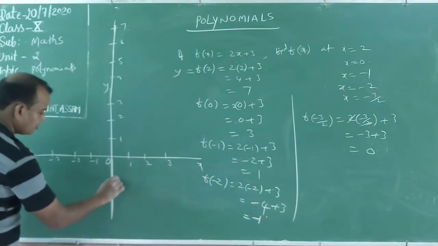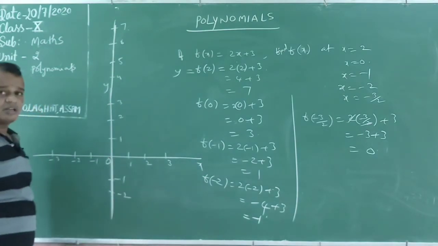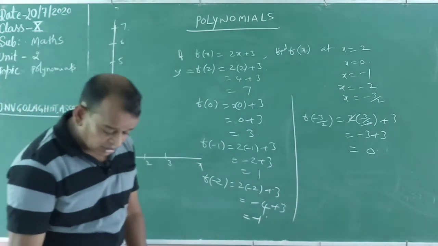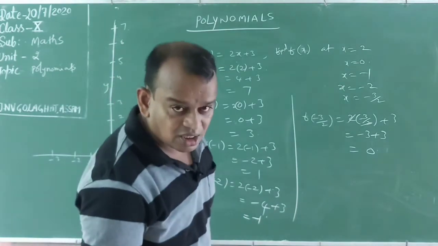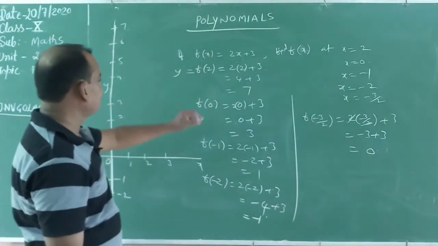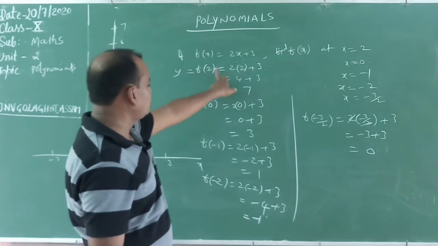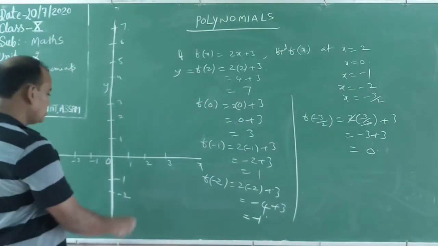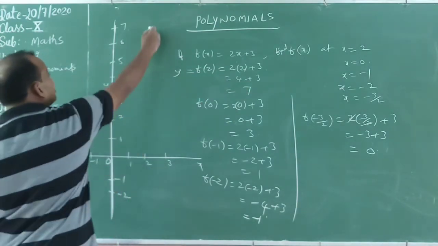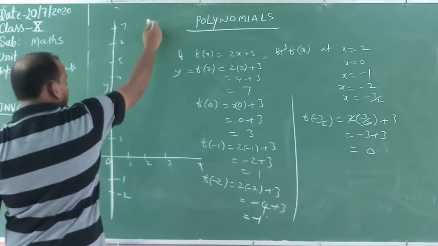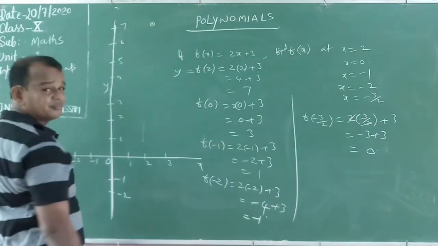This side minus 1, minus 2. You know very well about graph plotting. Already we have discussed it in class 9. Now first, what is the x value? 2. X value 2, y value 7. Where is this one? X value 2, y value 7. This one.